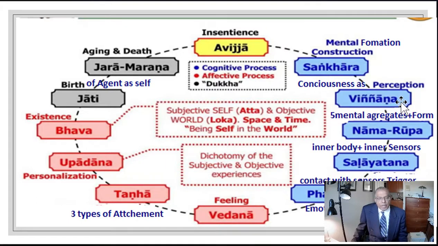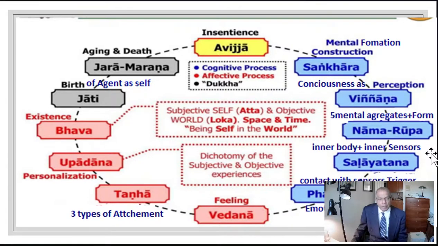And that vijnana is the one that creates the nama rupa component, which is the five mental aggregates I talked about, including form. Form is the visual form, the visual world, or it can be the hearing form, the taste form, the smell form, all that. So nama rupa pachaya salayatana: the inner body and the inner senses repeatedly appearing is the way he's defining it.